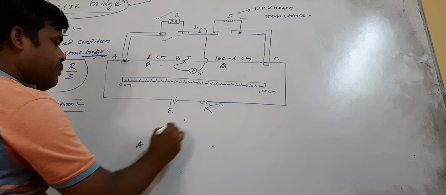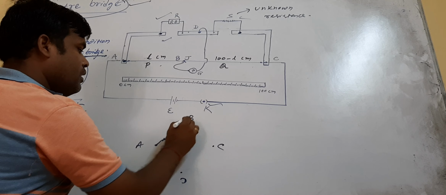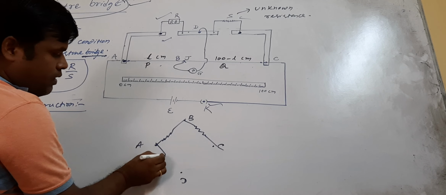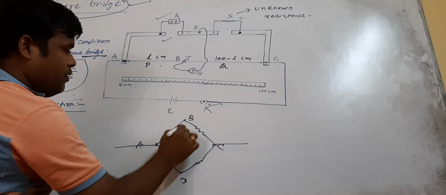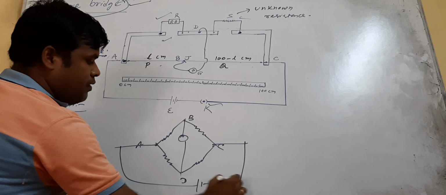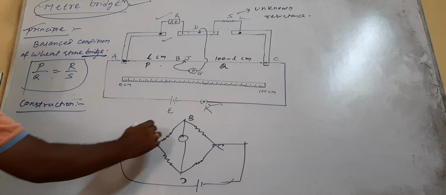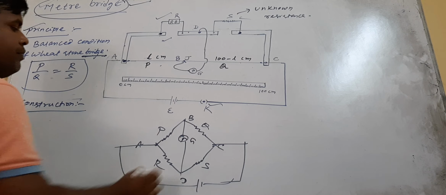You see it is A point, B point, C point, D point. It is P, it is Q, it is R, it is S, it is galvanometer.